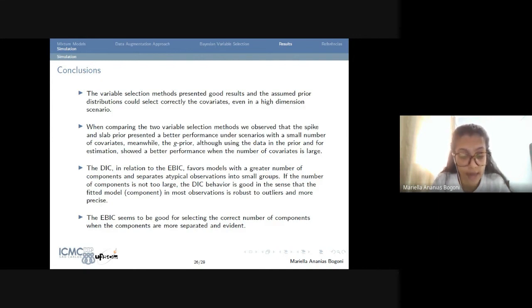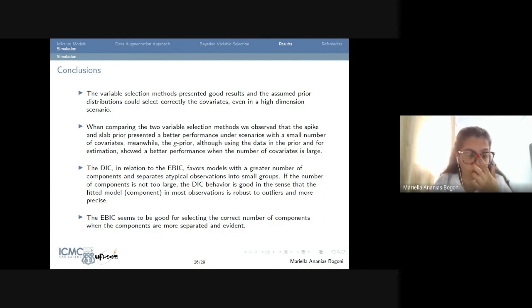When we compare the two methods, we observed that the spike and slab prior showed a better performance to select variables in a scenario with a smaller number of covariates. Meanwhile, the G prior presented a better performance when selecting variables in a scenario with a large number of covariates.